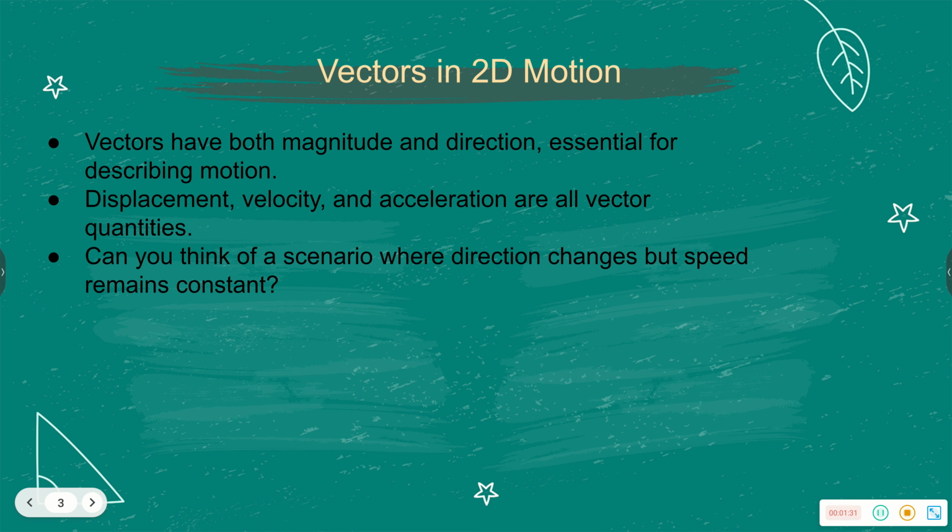If I said to you a car is traveling at 72 miles per hour north, and then is traveling at 72 miles per hour northeast, is there any change in the velocity? Yes. How?